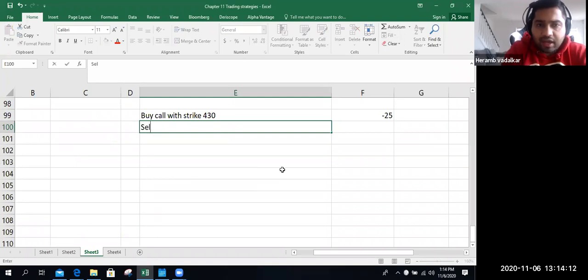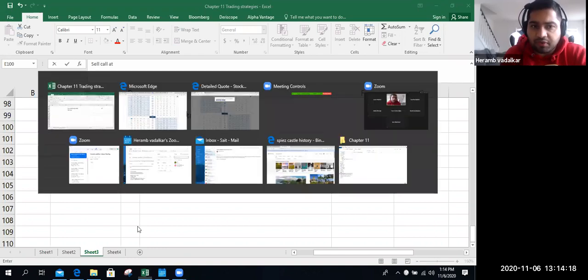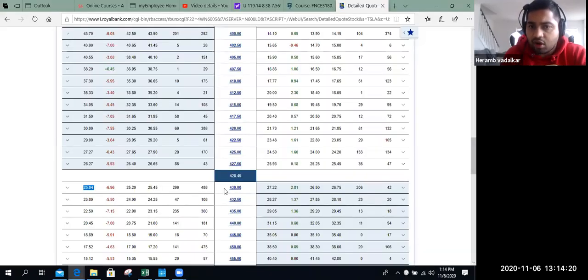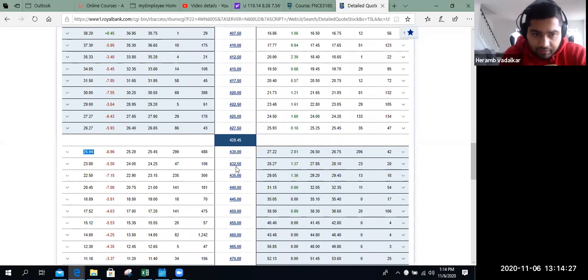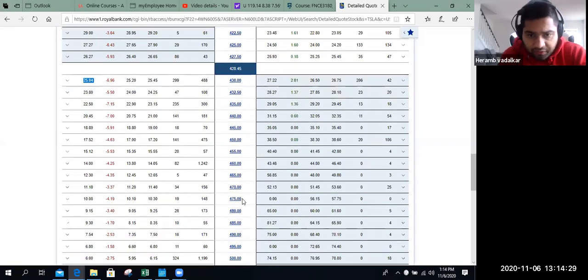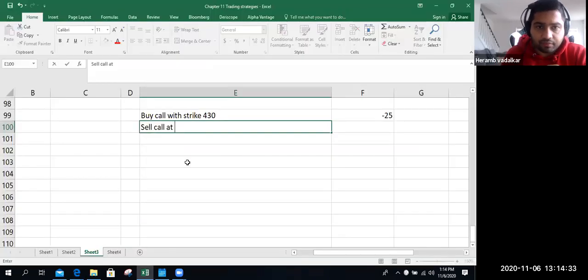Okay. Now you sell a call at a strike price that is above this. So you sell a call at a strike price that is above the bought price. So let's say we sell a call of 450.